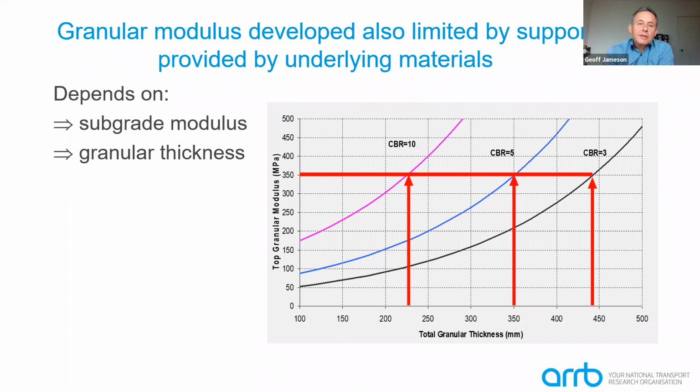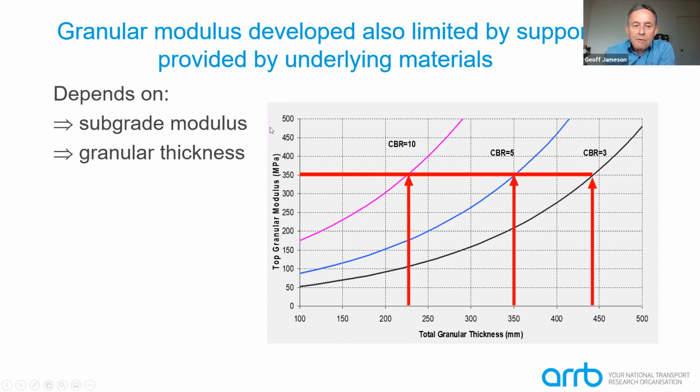And so the granular modulus in the design system is also limited by the support provided by the underlying materials. It could be, for example, where a granular material is placed on a subgrade, it'd be the subgrade modulus value that would limit the top granular modulus. And you can see here that, for example, to reach a top modulus value of 350, a lesser granular thickness is required for CBR 10 than it is for a CBR 3.